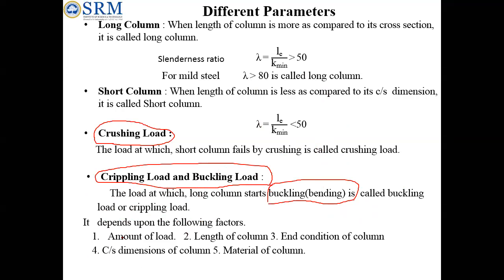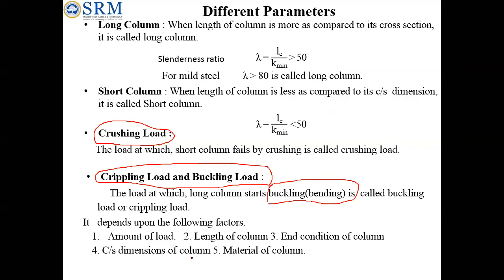So what are the factors it depends on? That is the amount of load which you are going to apply. What is the total length of the column? And like I said, the end condition is also important because that gives us the effective length value. The cross section of the column is also very important because this will give us the I value, the moment of inertia.